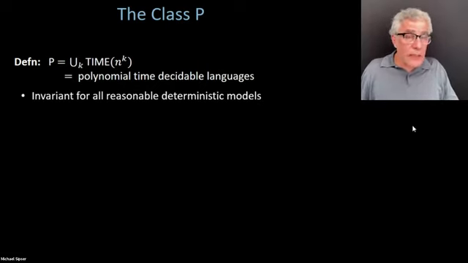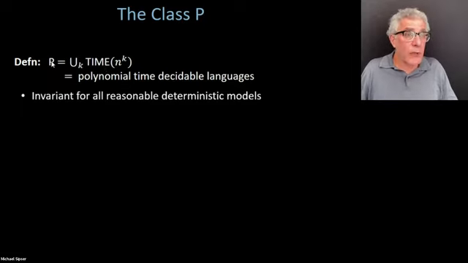Now, I want to argue that the class P is an important class. Why has it had so much impact on the subject and in terms of applications as well? So one thing is that the class P is invariant for all reasonable deterministic models. And what do I mean by that? We have defined the class P in terms of these time classes here, which in turn are defined in terms of the one-tape model.